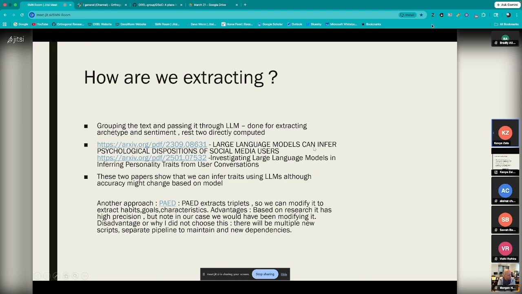So PAIR is research based, and it has shown high precision, but in our case we would have to modify it, and it also requires external scripts and dependencies, which might not be great. So I thought of using just the LLM for extracting the archetypes and sentiments.